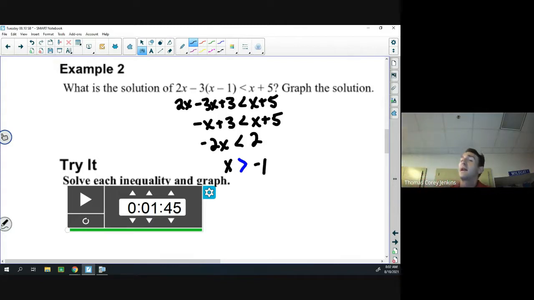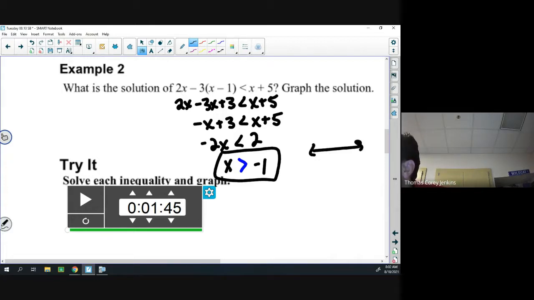Okay. So now we will graph it. So on our boundary point, that's going to be an open circle because -1's not included, and then we shade everything to the right.